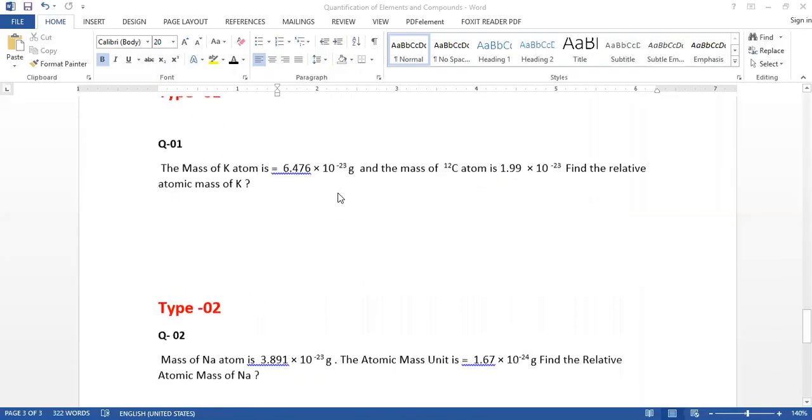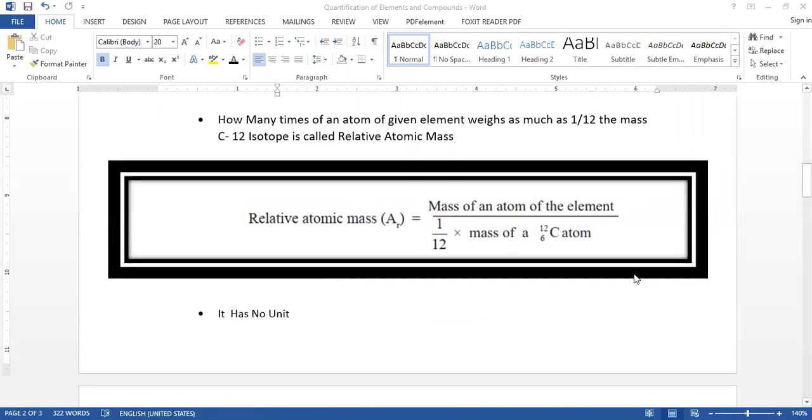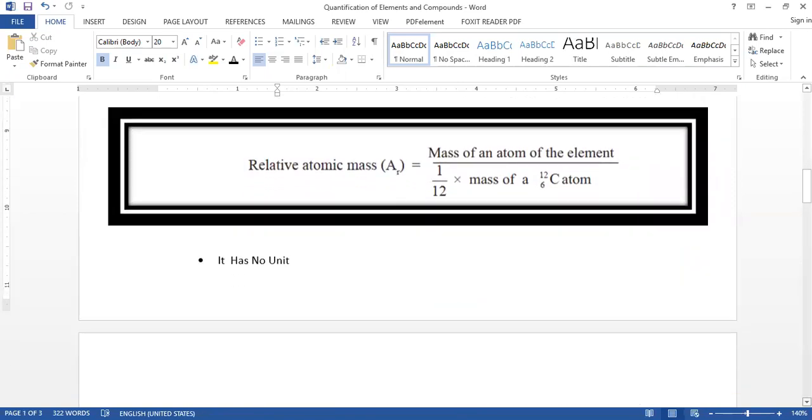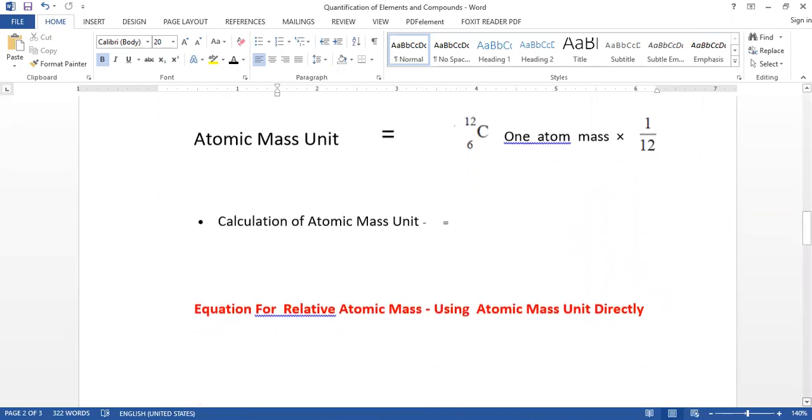Right. So I already explained this one. So let's do one example here. Another equation here. Look, this is atomic mass unit. Atomic mass unit we'll study next class, right? So I can't explain here.